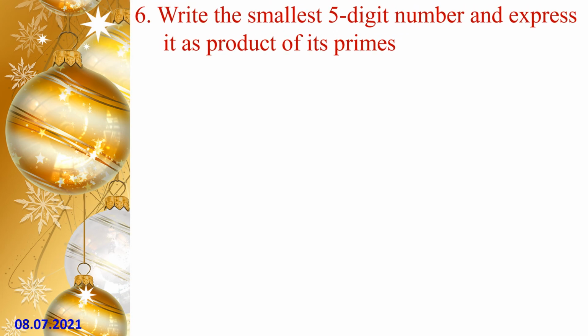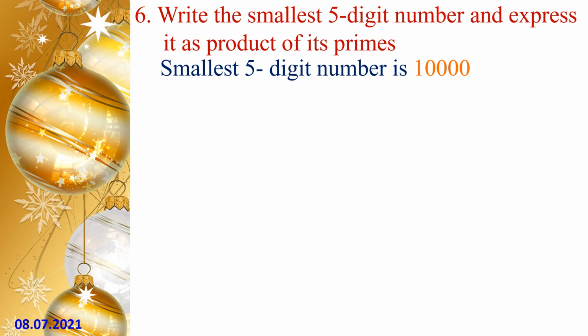The sixth sum. Write the smallest 5-digit number and express it as a product of its primes. We already know the smallest 5-digit number is 10,000. So now let us find the prime factors. 10,000 is the dividend.